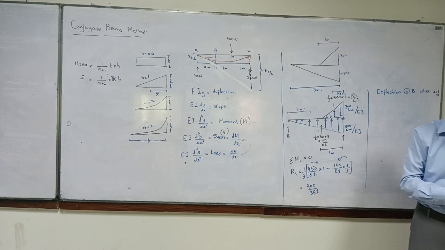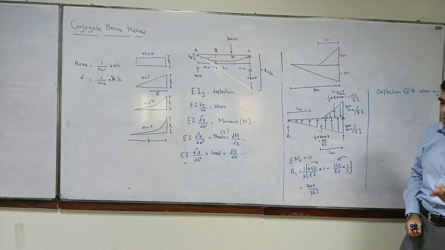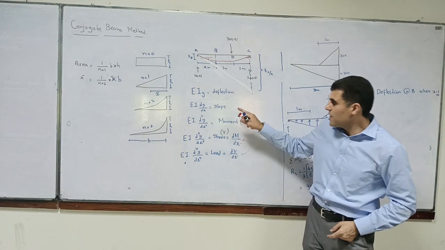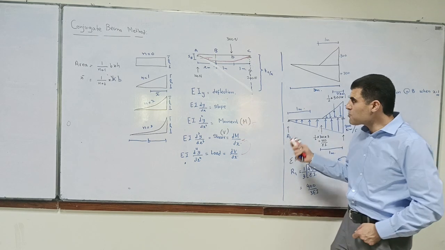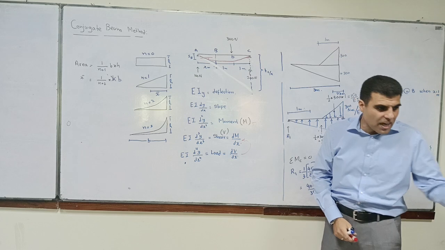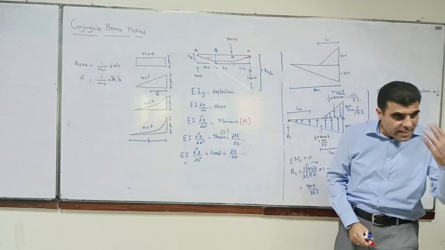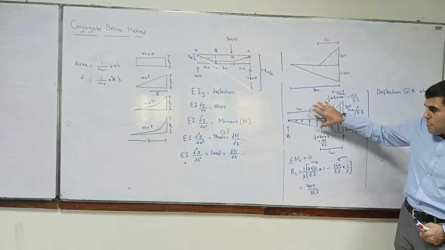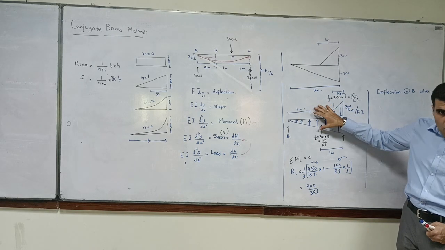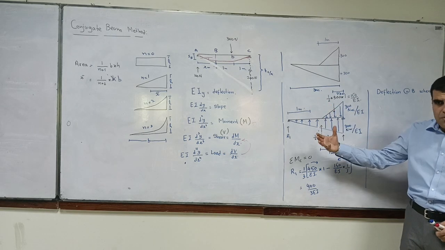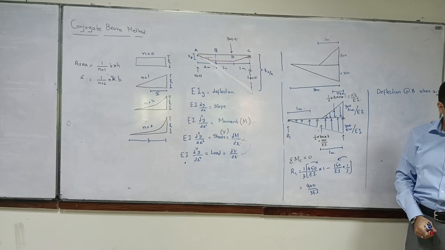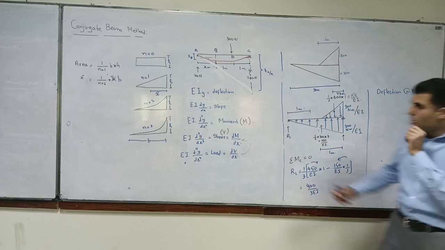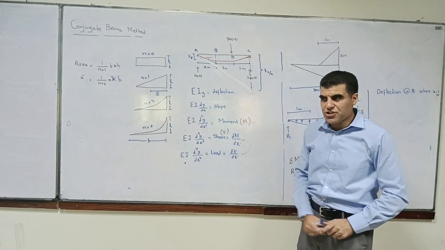Only thing you should remember is that the reference point where the slope is required, you find out shear at that point, and the reference point where deflection is required, you find out moment at that point. So it's a simple problem, but it has got a bit involved loading, and you just find out either the shear at that point or moment at that point, and that will be equal to your slope or deflection.